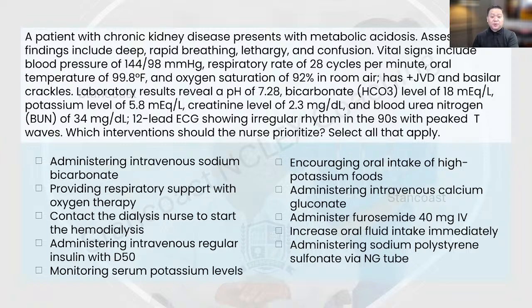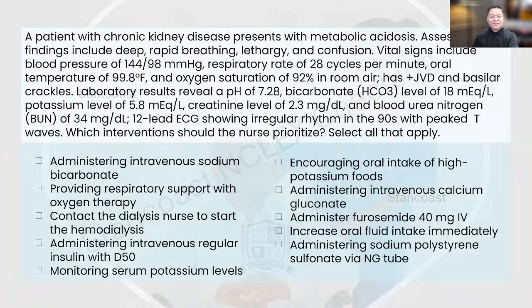Vital signs include blood pressure of 144/98 mmHg, respiratory rate of 28 cycles per minute, oral temperature of 99.8 degrees Fahrenheit, and oxygen saturation of 94% in room air. The lab results reveal a pH of 7.28, bicarbonate of 18 milliequivalents per liter, and a potassium level of 5.8 milliequivalents per liter.